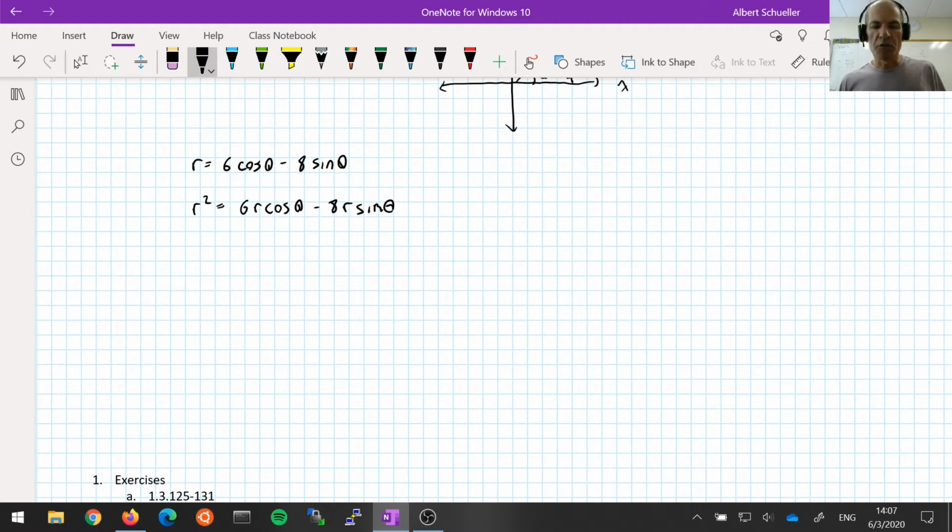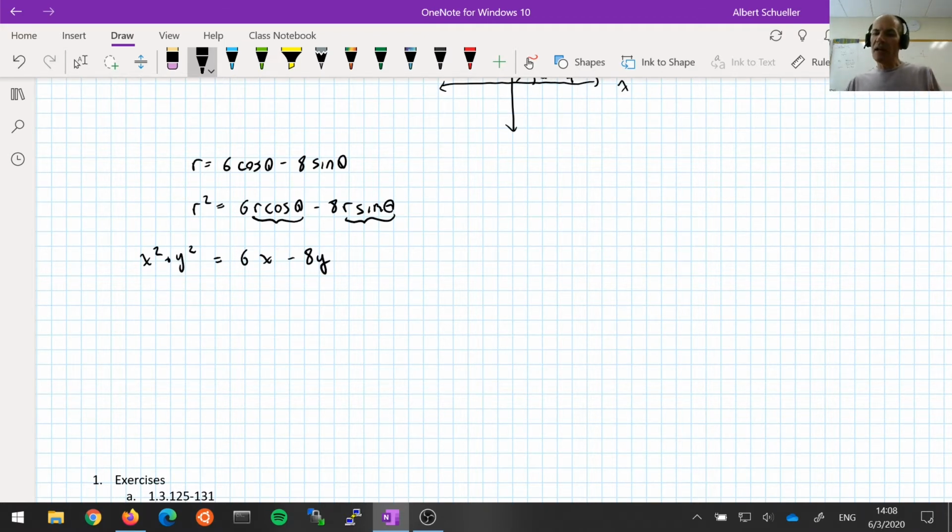I just introduced a factor of r, but if you look really closely at these two factors, that's just x and that's just y. So if I'm clever, I can manipulate the polar equation so that I introduce explicitly the Cartesian conversion formulas. And r squared on the left, we happen to know is x squared plus y squared.